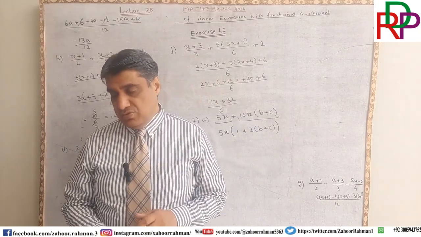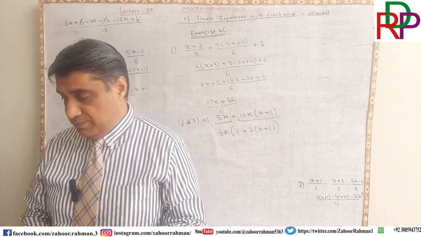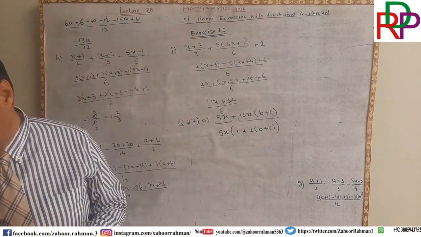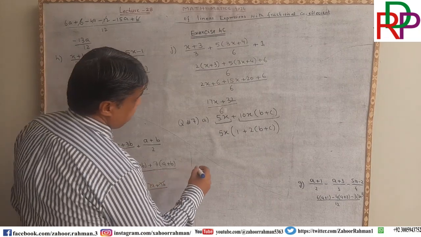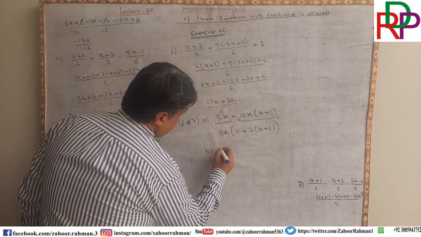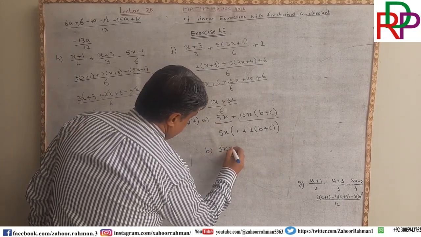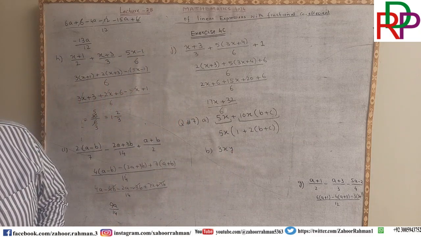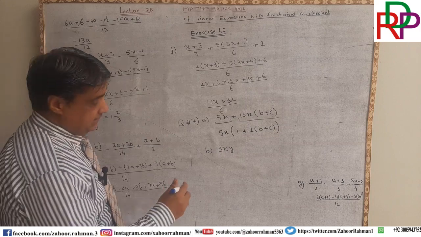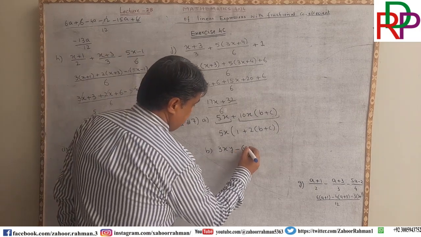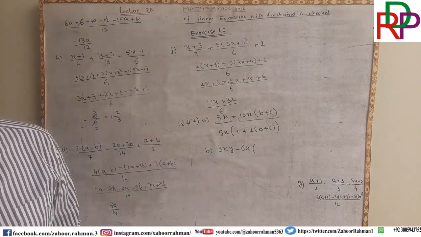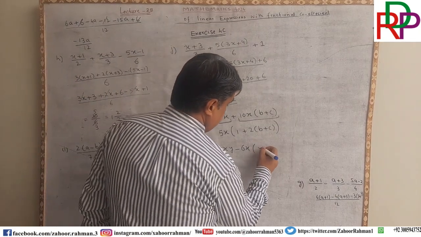Now let us do part b, and part b is saying 3xy and then minus 6x, and then y minus z.